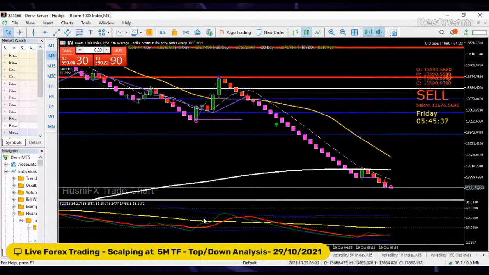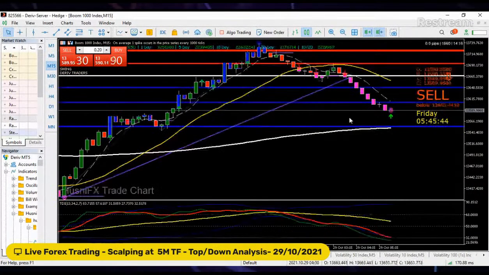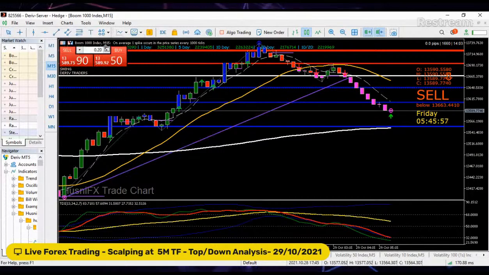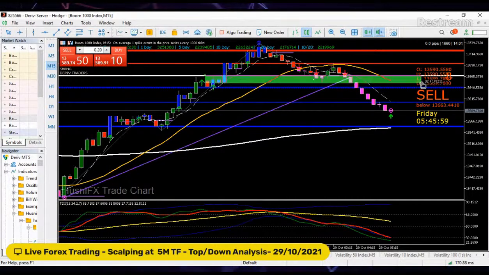Boom 500, this is the guy which I explained a couple of minutes ago, and we are waiting for it to go up at M15 to make rejection, or what we call back testing. So this market will go up again.